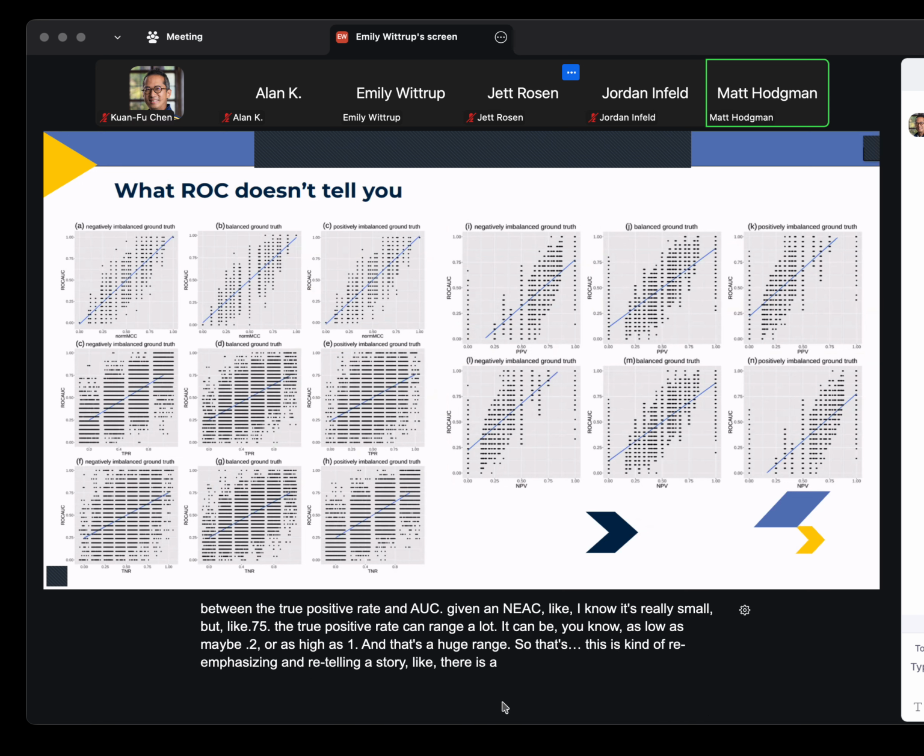Another interesting point they make about the positive predictive value and negative predictive value, on the right 6 subplots, is that they have those weird peaks at 0 and 1.